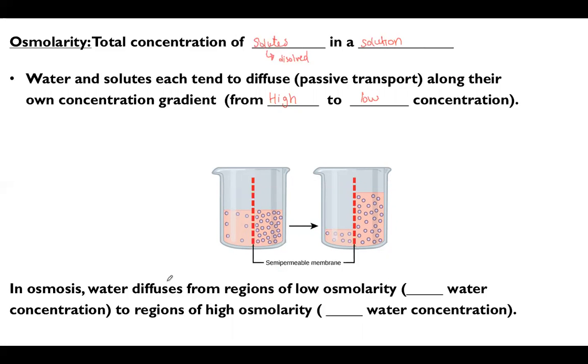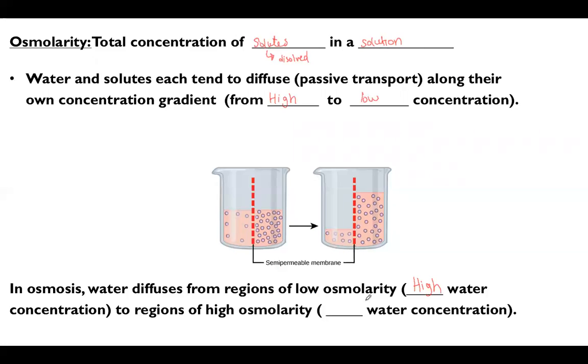In osmosis, water diffuses from regions of low osmolarity. So when we think of low osmolarity, that is when the concentration of water is very high. It's going to diffuse from low osmolarity to high osmolarity.